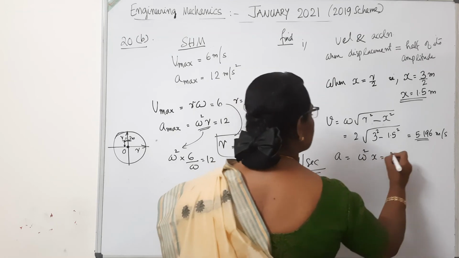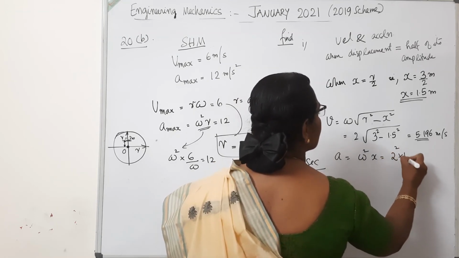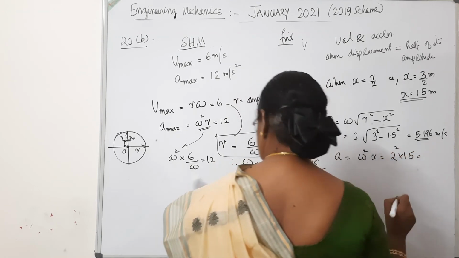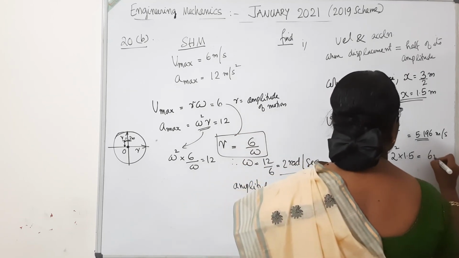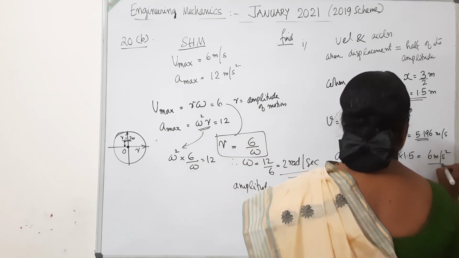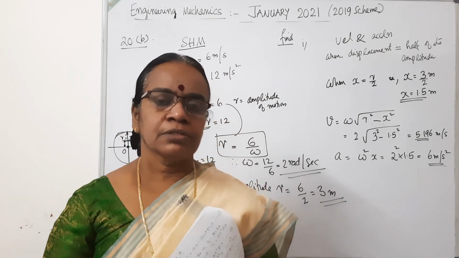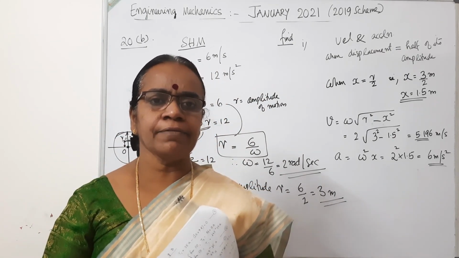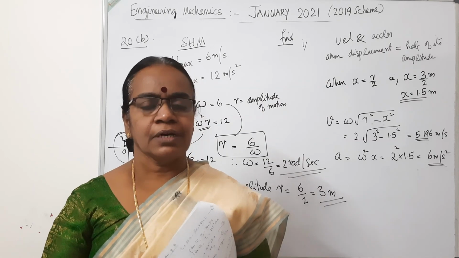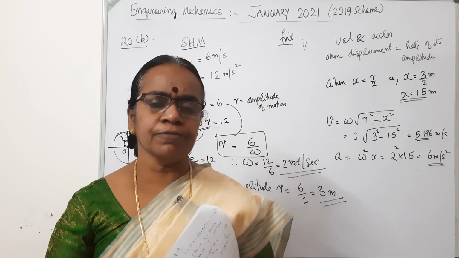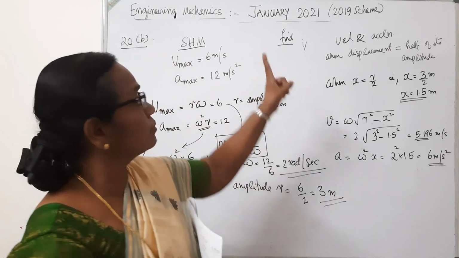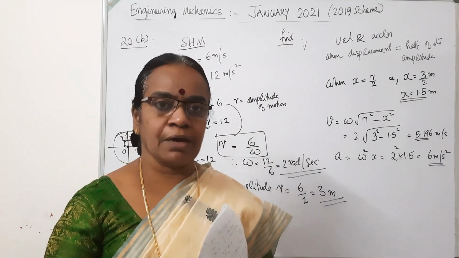Omega is 2, so 2 square into x, it is 6 meter per second square. So with that we finish module 4 and 5, the portions of dynamics, and part A questions of dynamics of this January 2021 examination.